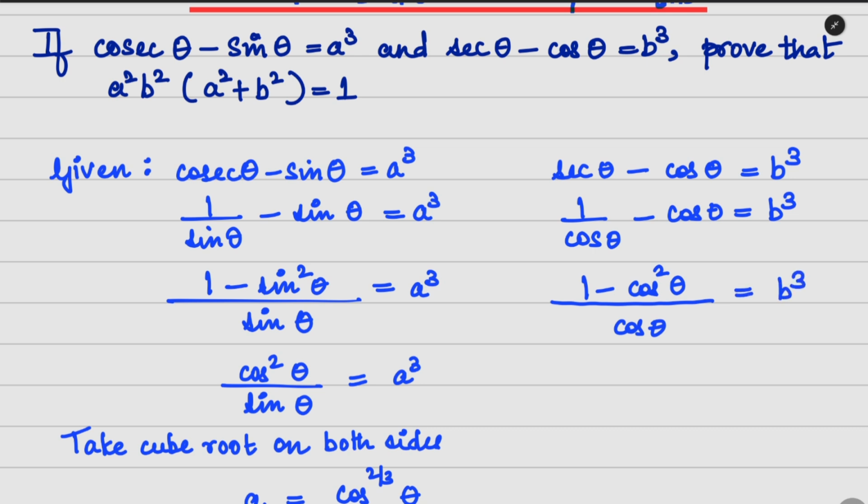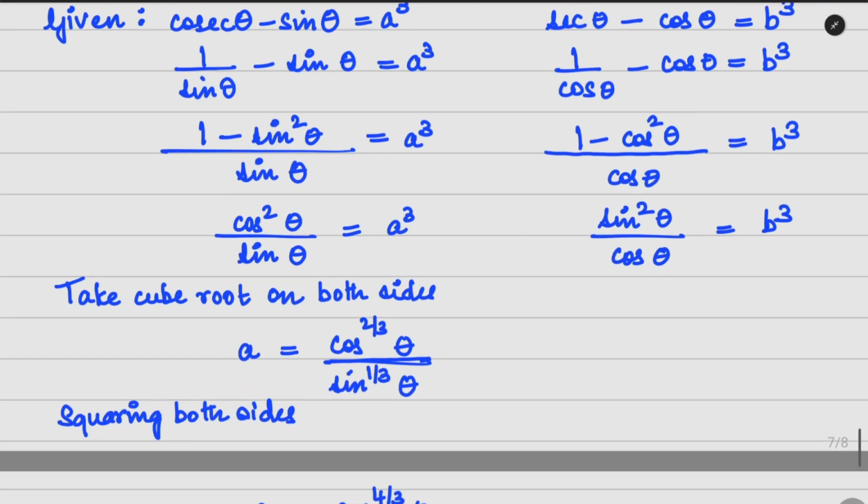What is 1 minus cos square theta? It is sin square theta. So sin square theta upon cos theta equal to b cube. The same way you have to take cube root on both the sides. So you'll have b is equal to sine 2 by 3 theta divided by cos 1 by 3 theta.